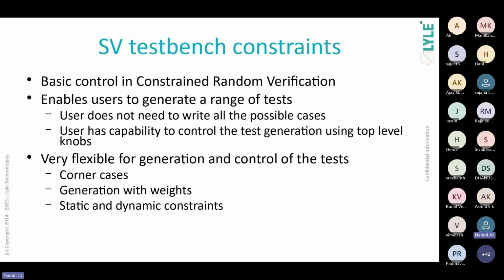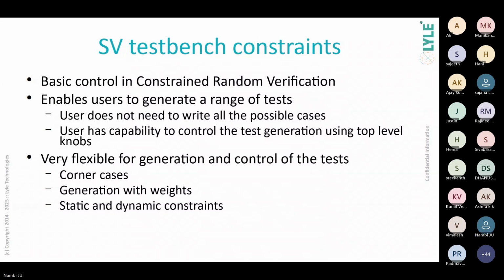So what are SV testbench constraints? These are the basic control for constraint random verification. Constraint random verification is a way to automatically generate test cases when you have a huge design or a huge IP.